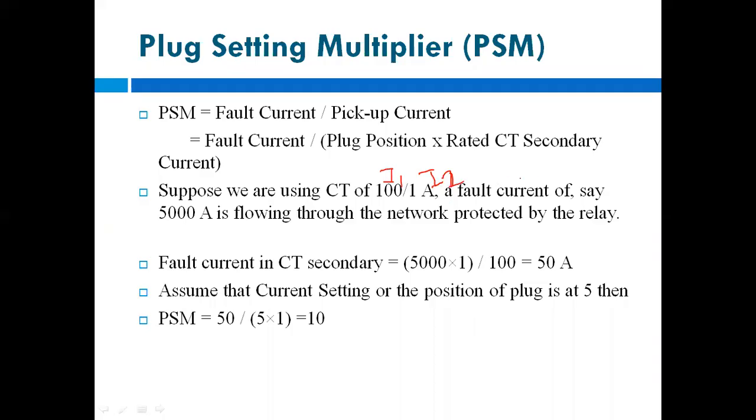And a fault current of, say, 5000 ampere, this is your IF given here, is flowing through the network protected by the relay. Now the fault current in the CT secondary: how to find it?